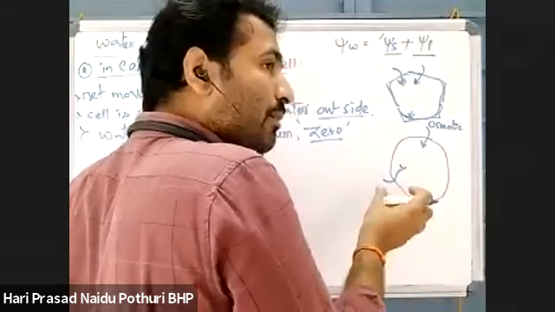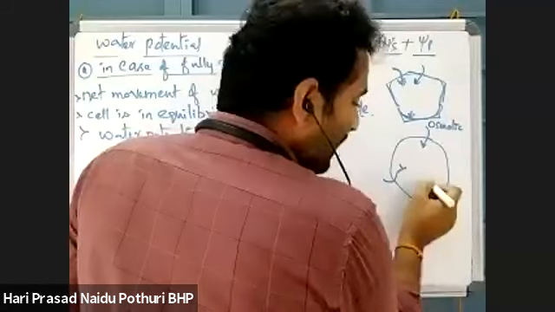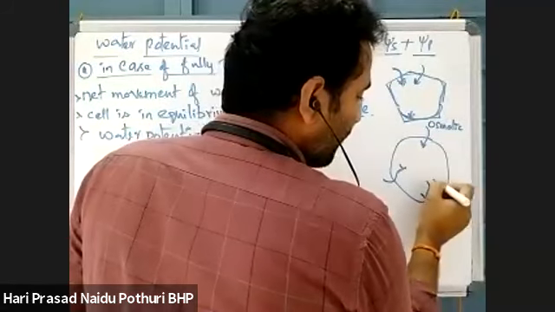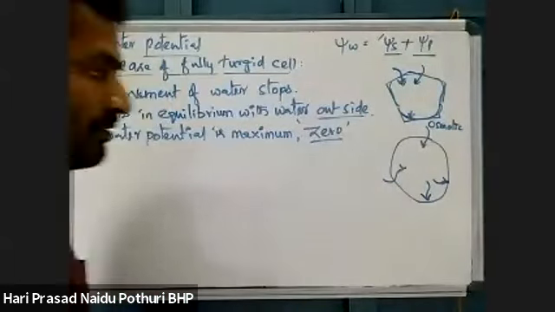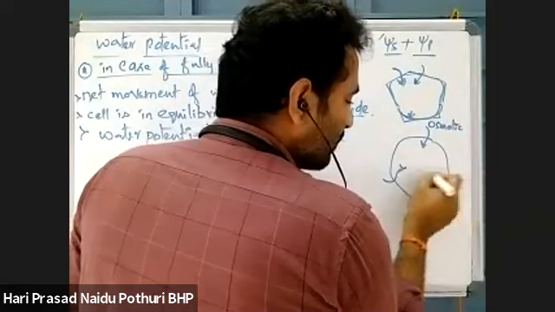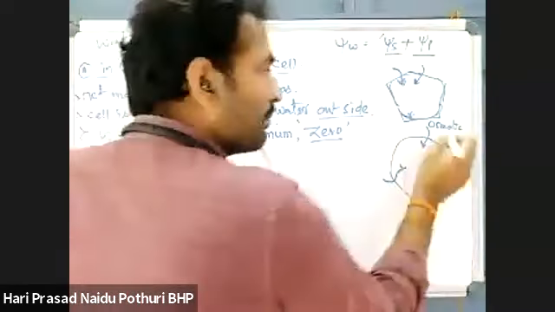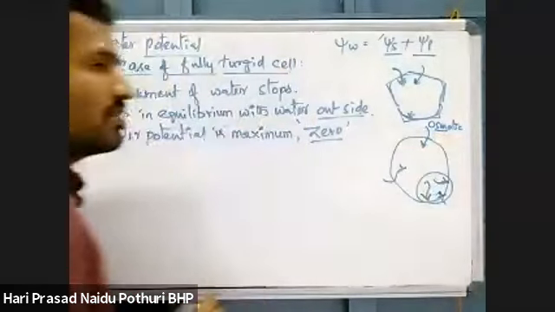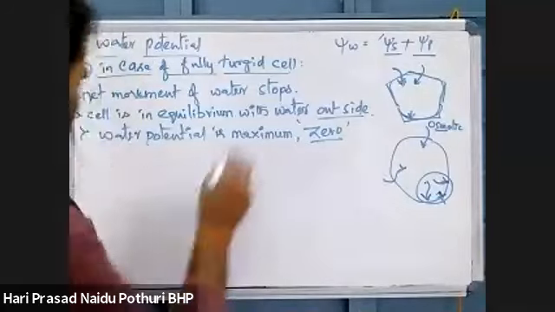Now, as cell got a maximum amount of water, from inside to outside also there is some pressure on cell membrane. This pressure will prevent the entry of water. So this is what we call turgor pressure.